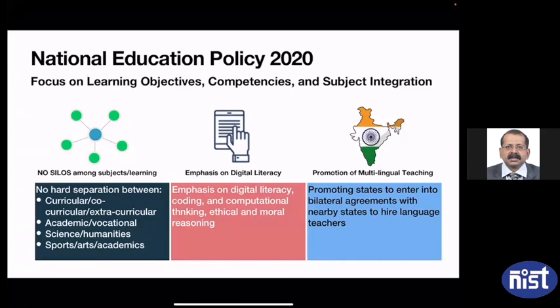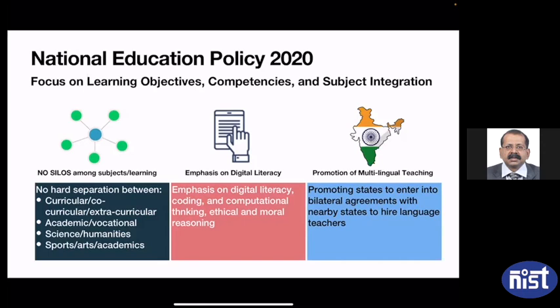There's a special emphasis on digital literacy, coding, and computational thinking, ethical and moral reasoning. So all these, particularly the digital literacy, coding, computational thinking, will be introduced from the middle level school onwards. And there's a proportion of multilingual teaching.